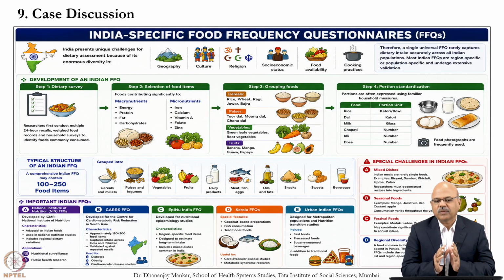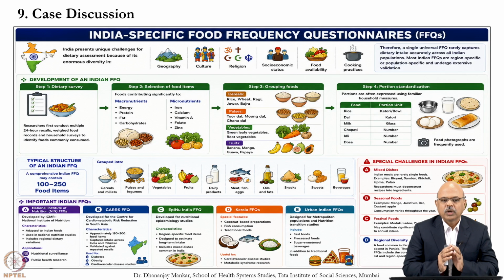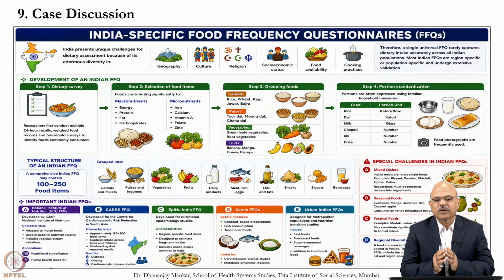The Kerala-specific FFQ is specially designed to understand coconut-based food preparations, fish consumption and traditional foods. Very interesting to understand, it is useful for cardiovascular disease studies, which are very common in Kerala, and metabolic syndrome research.